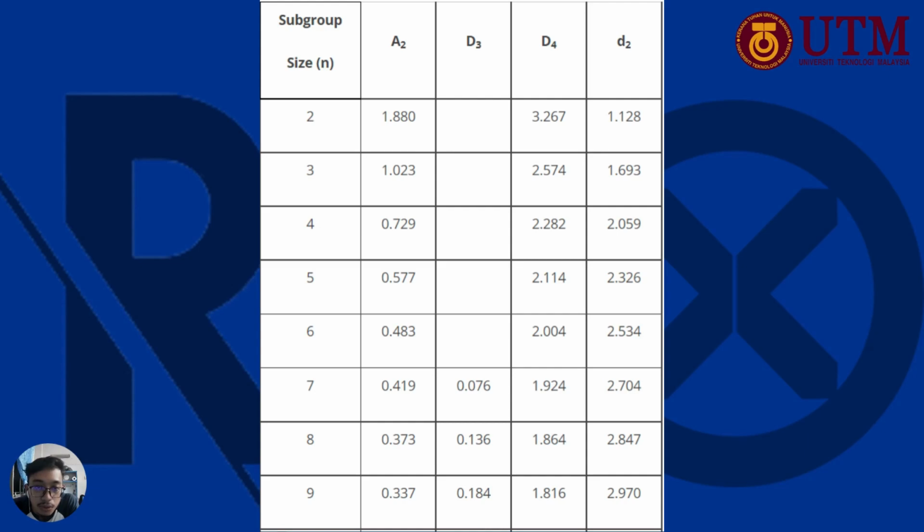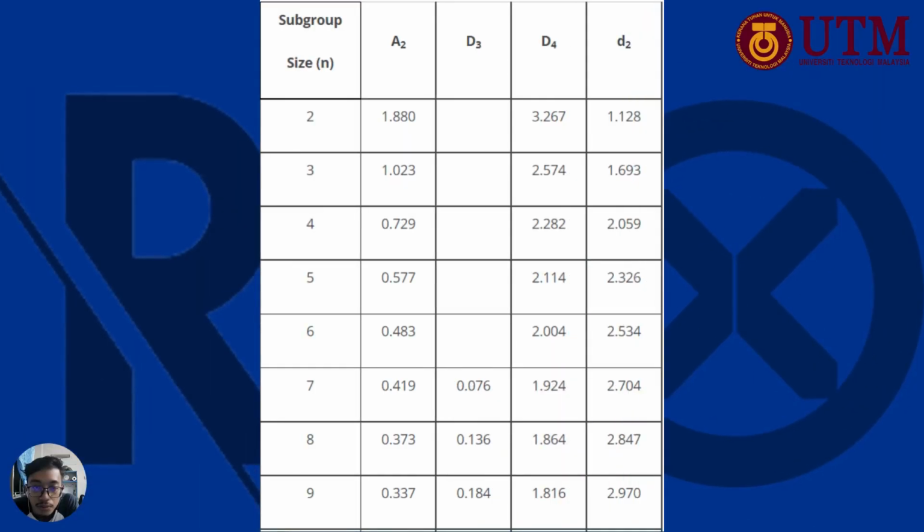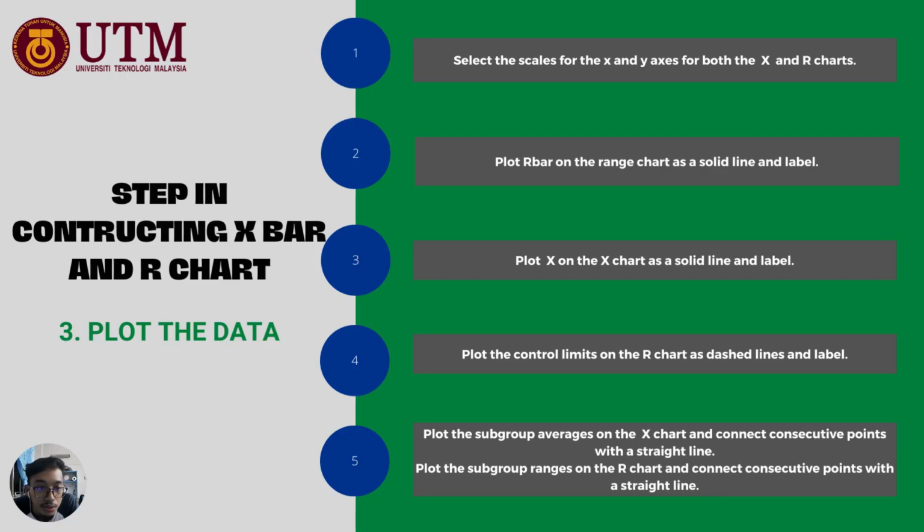So once we have the values of A2, D3, and D4, we can get the values of upper control limit R and lower control limit R, and also upper control limit X and lower control limit X.